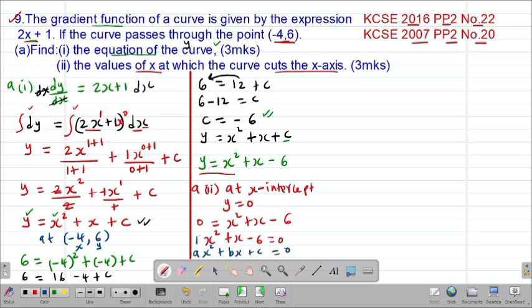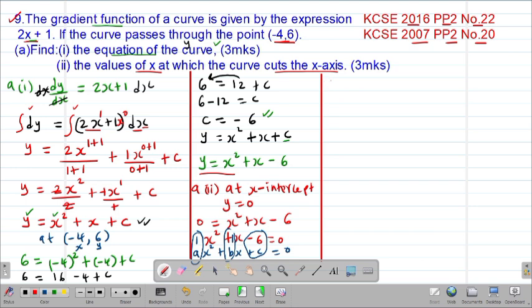So clearly the value of a will be 1, that is the coefficient of x squared. The value of b, the coefficient here, is also 1, then the value of c clearly will be negative 6. Therefore, we can solve our quadratic to find the values of x at the x-intercept.